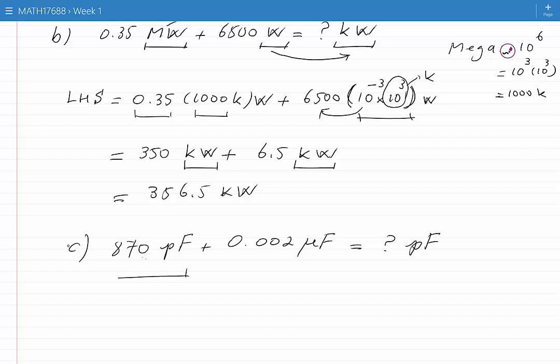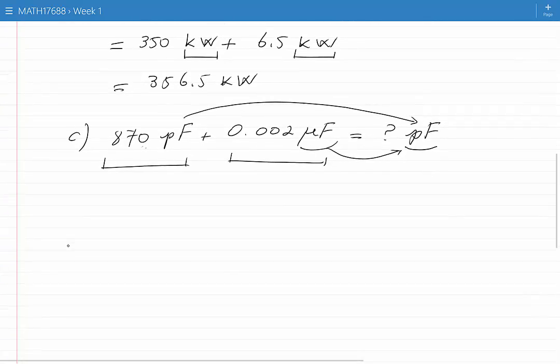The first quantity has the right unit. However, the second quantity has a different unit, a microfarad, which is not the same as a picofarad. We would therefore have to convert all of the units into picofarad before we can perform the addition.